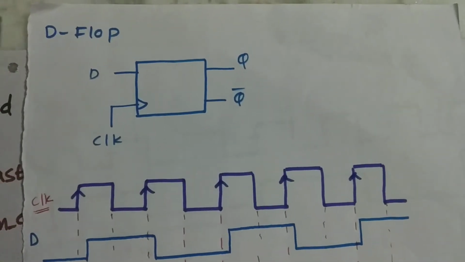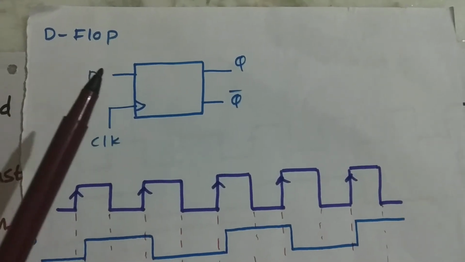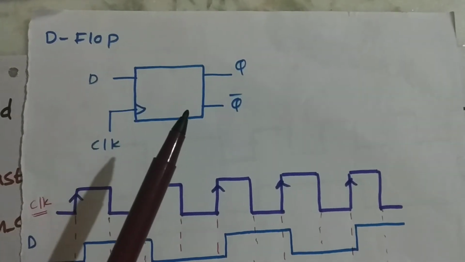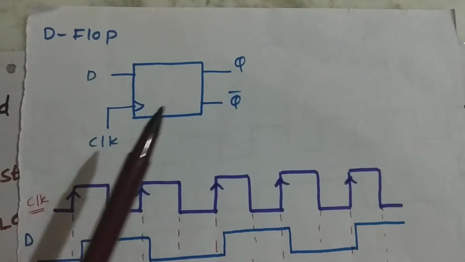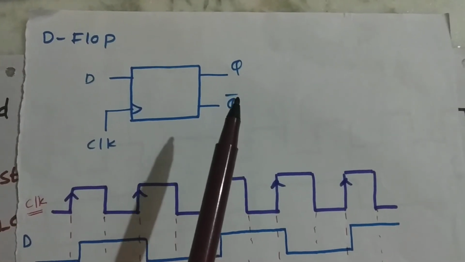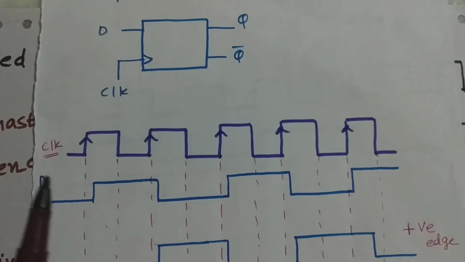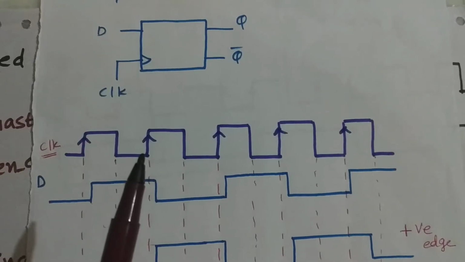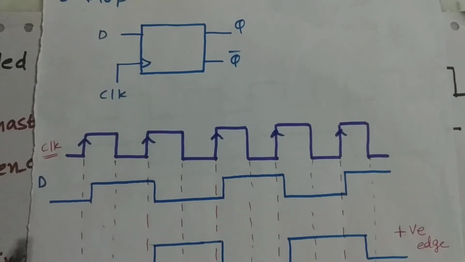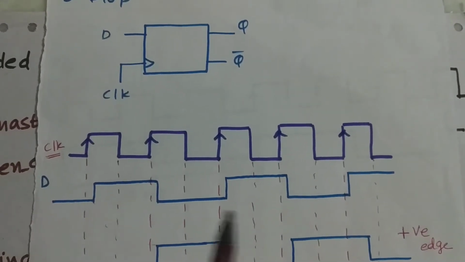So I'm going to explain about the D flop. As you can see, this is a D flip-flop which has inputs of D and the clock CLK, and outputs Q and Q bar. So let us consider a clock of this waveform with 1 nanosecond as time period, and D as this input.